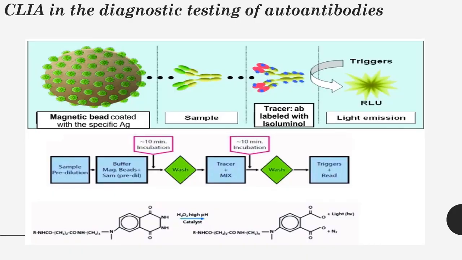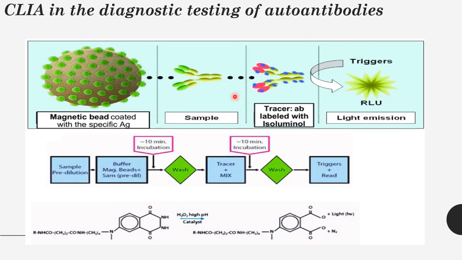Now, this is one of the applications of chemiluminescence immunoassay in the diagnostic testing of autoantibodies. One of the easiest ways to use chemiluminescence immunoassay to detect proteins, or a particular analyte, is to attach the substrate to magnetic beads. These magnetic beads are coated with antibodies specific for the analyte to be recognized and analyzed. These beads are mixed and incubated with a blood, serum or urine sample.